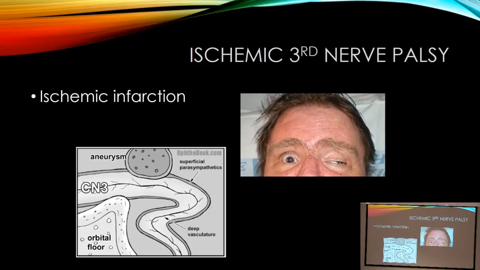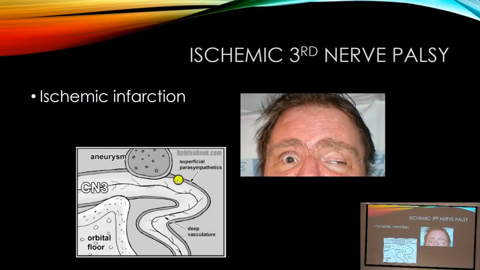The reason the pupil is spared is, if we look at the third nerve, the parasympathetics run around the periphery of the third nerve. Remember, that contains the Edinger-Westphal nucleus contribution to the third nerve, the parasympathetic contribution. It's trying to constrict your pupil.